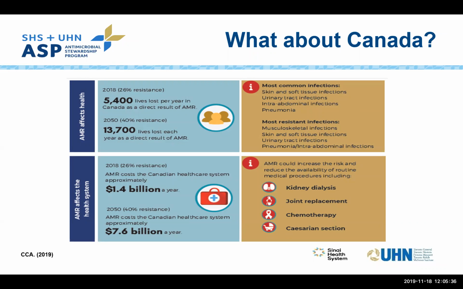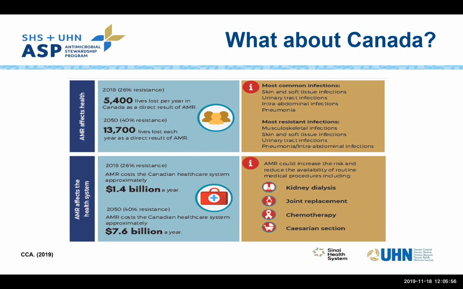Something that I want to highlight from this slide is that in 2018, 26% of infections here in Canada are already resistant to antimicrobials that are usually first prescribed to treat infection, and it is estimated that by 2050, this number will rise up to 40% or more.